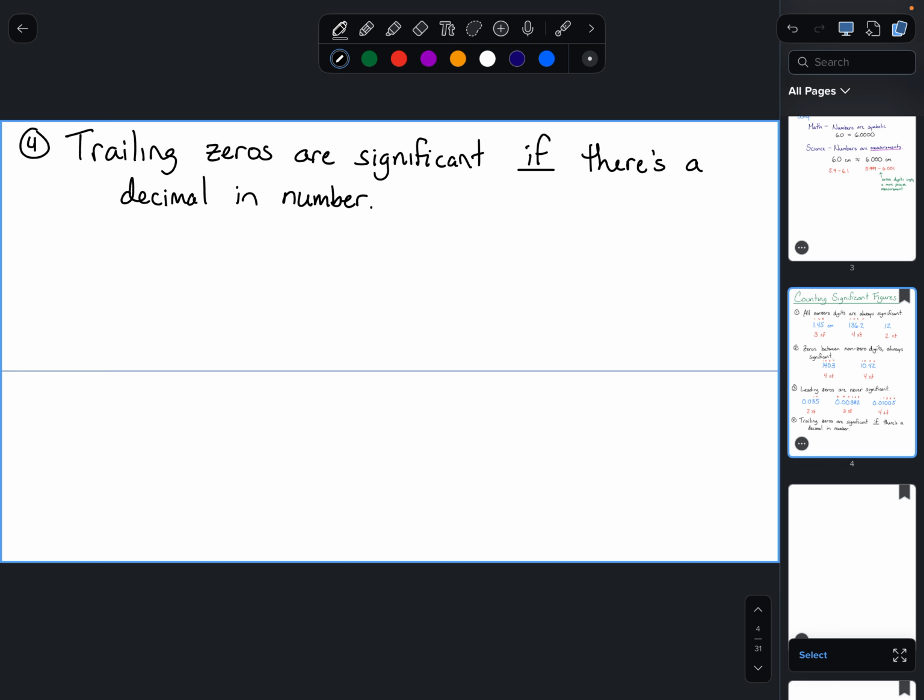So those trailing zeros are going to be a case-by-case basis, and it's going to be based on whether we see a decimal point located in that measurement.